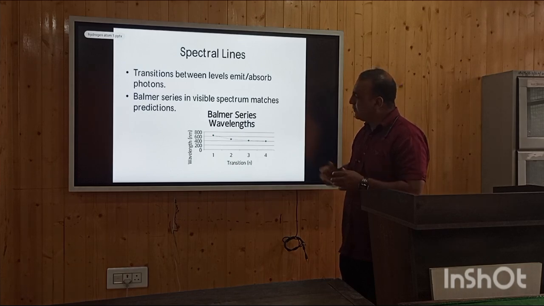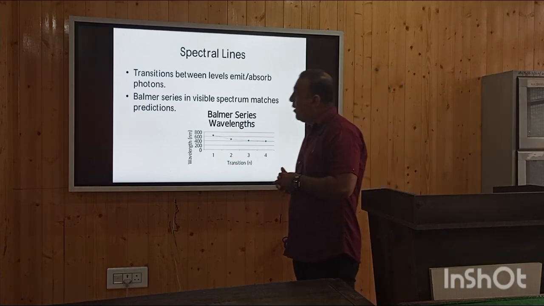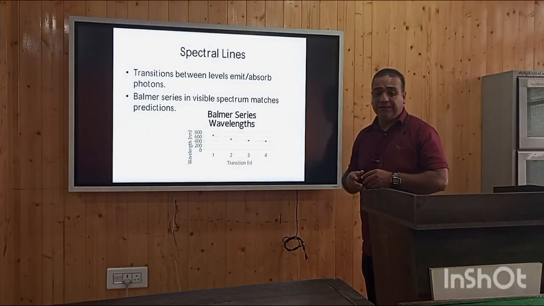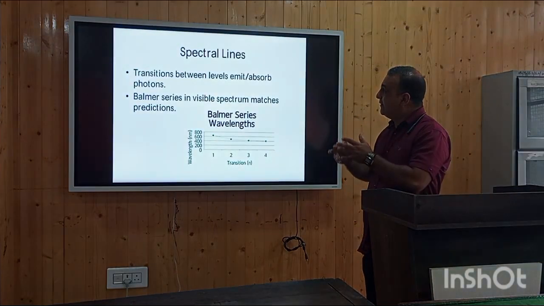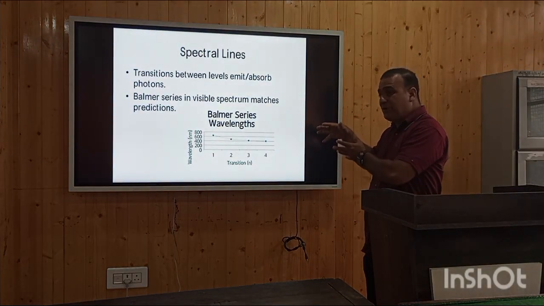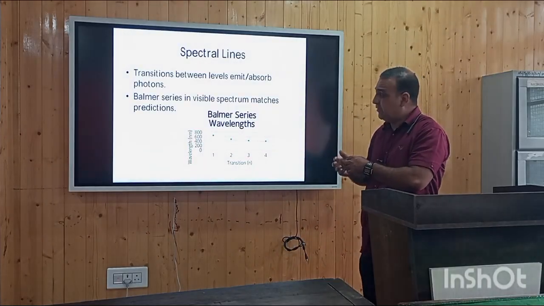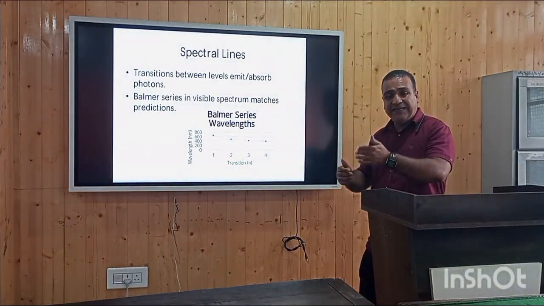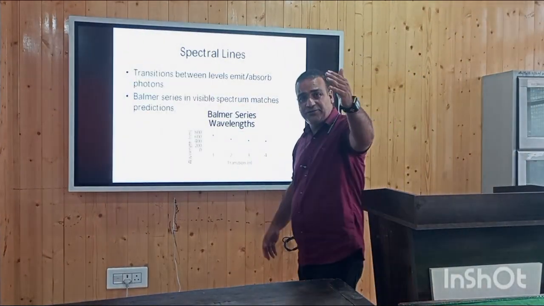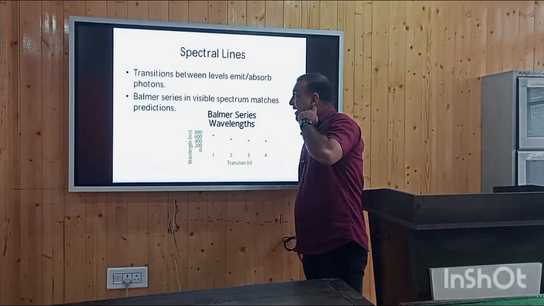Another important result that we have is the transition between the levels. So there can be an absorption or the emission of photons. Absorption can lead to a transition from one energy state to another energy state.